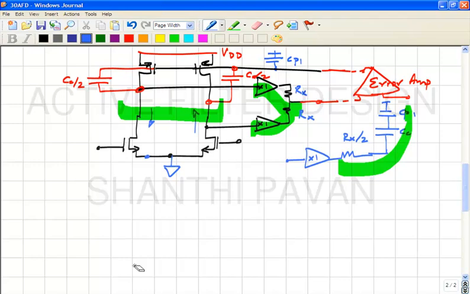Alright. So if GMN by GMP has to be small, GMP has to be much larger than GMN, which means that these load transistors will become in principle very large, okay, which contribute to parasitics and all this stuff, and most importantly contribute to noise, okay.